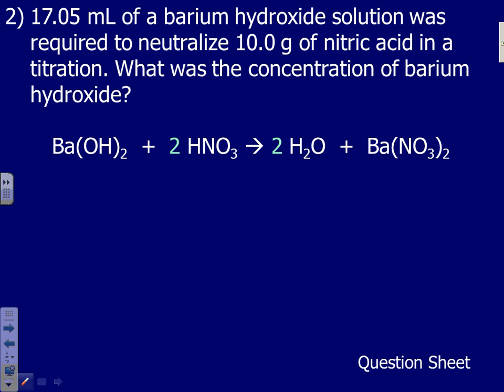So again, we need to find the concentration. That's the molar concentration. So we need our triangle that we just used. Molarity, capital M, is equal to moles per liter. But notice here that we've got grams. That means we're going to have to use our molar mass calculation.